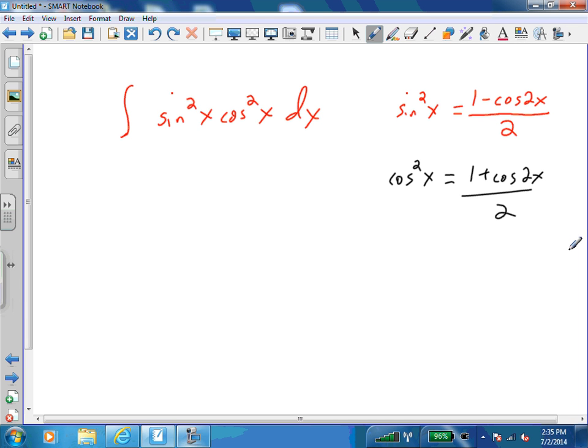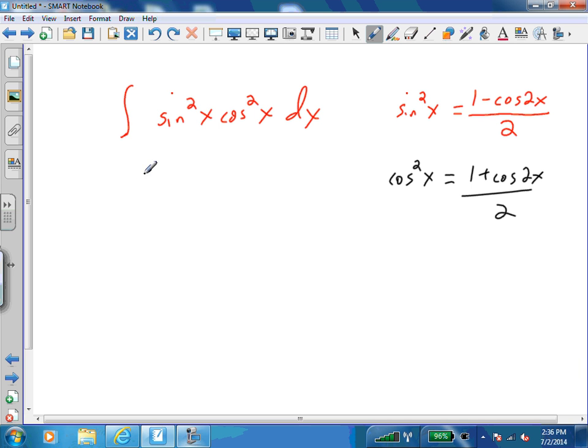Now, if we had sine to the 4th and cosine to the 4th, we could still use these. We would just need to square our identities. If we had sine to the 4th, we would square 1 minus cosine 2x over 2. Or if we had cosine to the 4th, we would square 1 plus cosine 2x over 2.